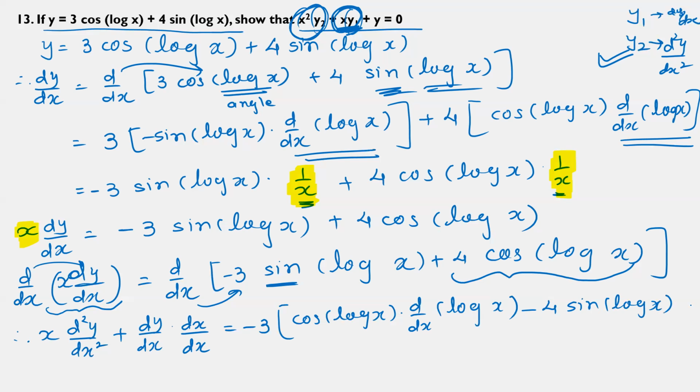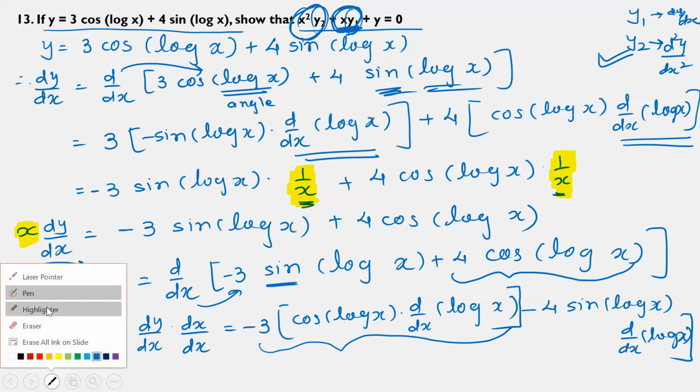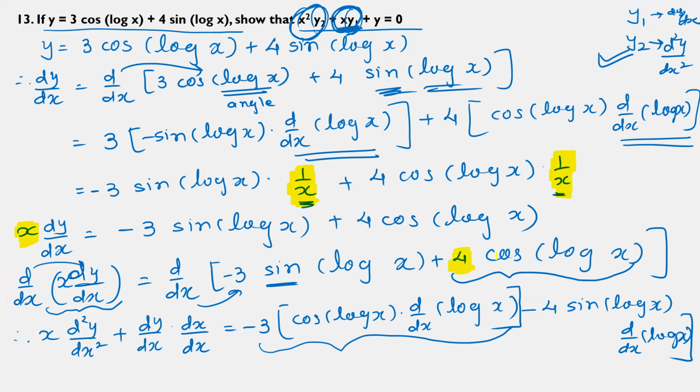And for the weird angle, again differentiation of this angle. By the way, minus 3 was multiplied with only this bracket, along with the sign. And this 4 is multiplied with this part. So that is why 4 should be multiplied with this part. So need to see this properly: what is multiplied with what?